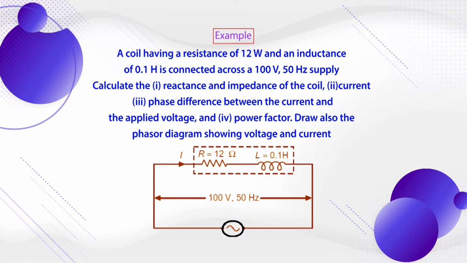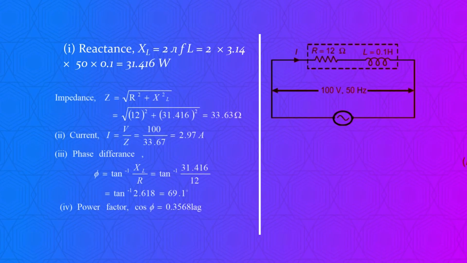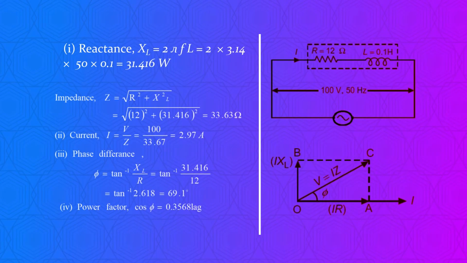So as you know, reactance can be written as XL equal to omega L, and omega L can be written as 2 pi fL. So now you put the value of frequency and inductance. So it can be written as 2 into 3.14 into 50 into 0.1. After solving, you get the value of inductive reactance XL equal to 31.416 ohm.